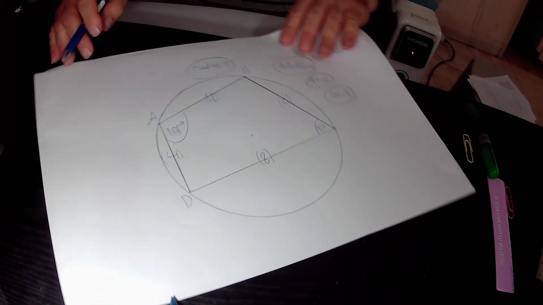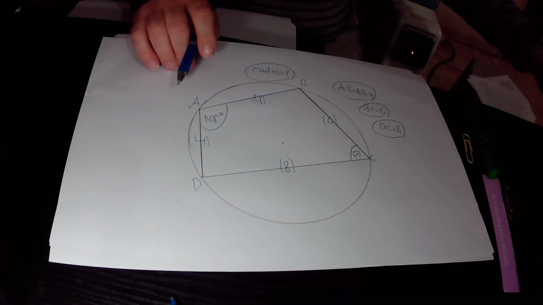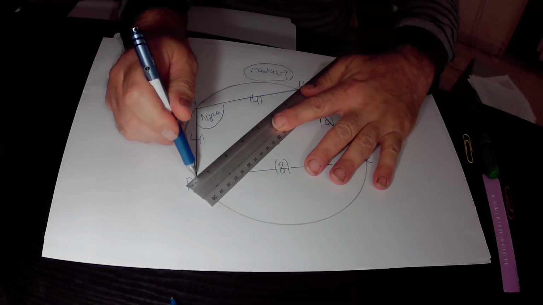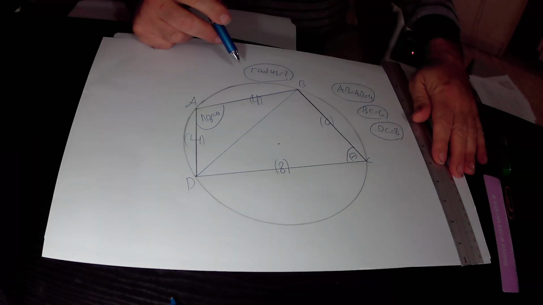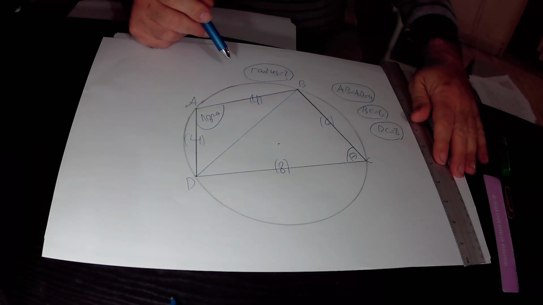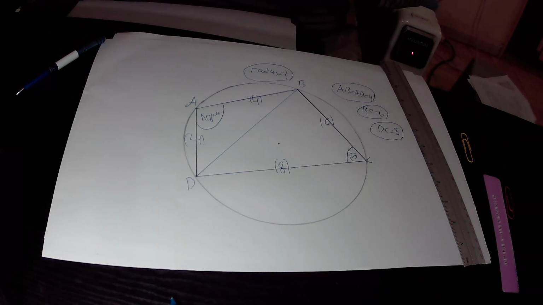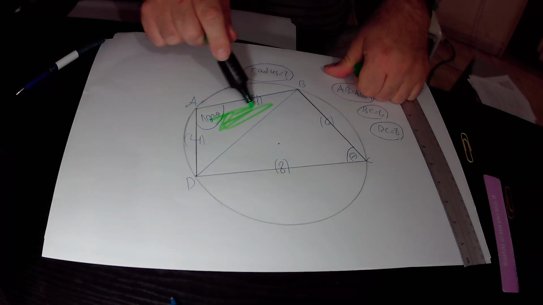So in the next step, we will join points B and D together by a straight line. By joining points B and D, we divided quadrilateral ABCD into two parts. The first part is the upper green triangle ABD.